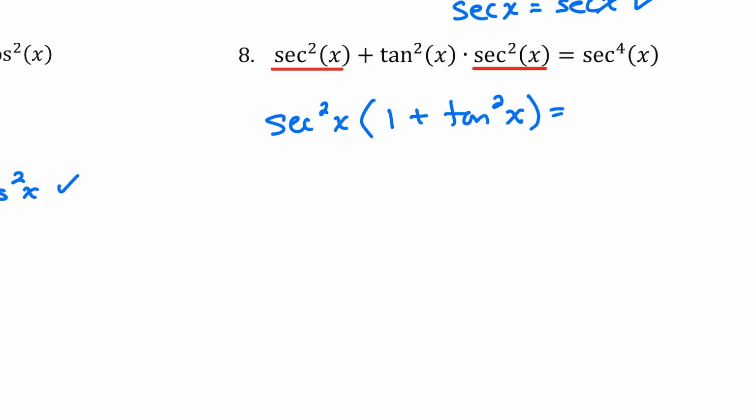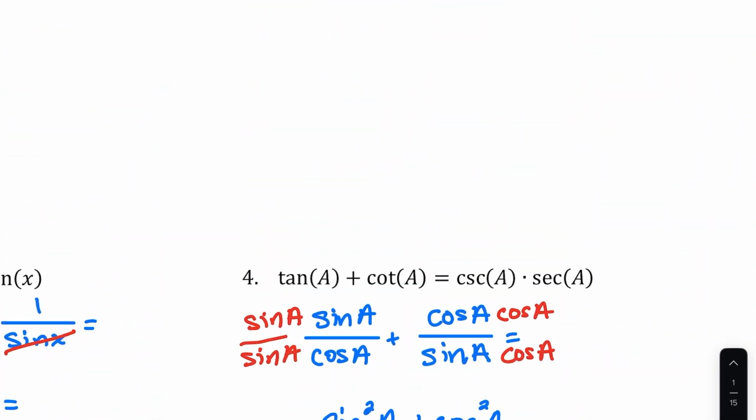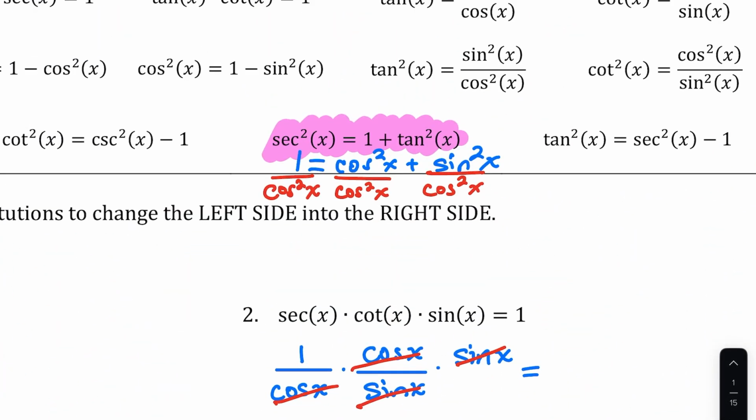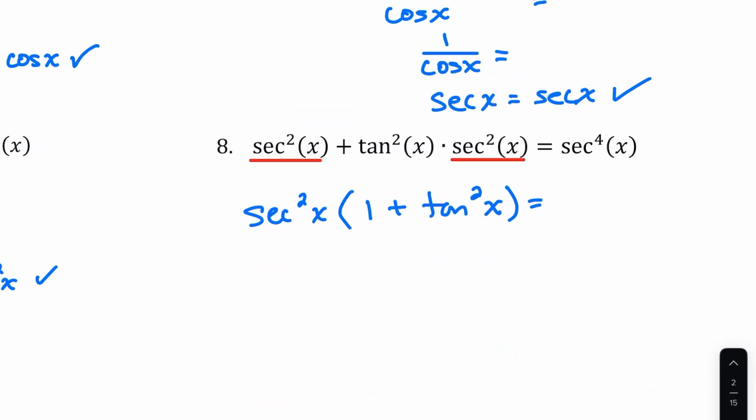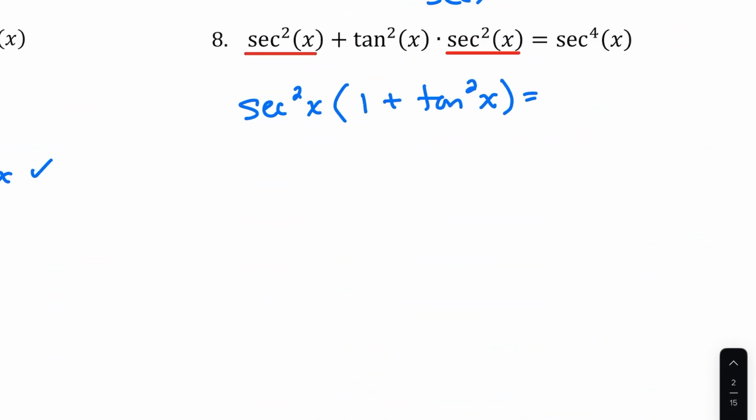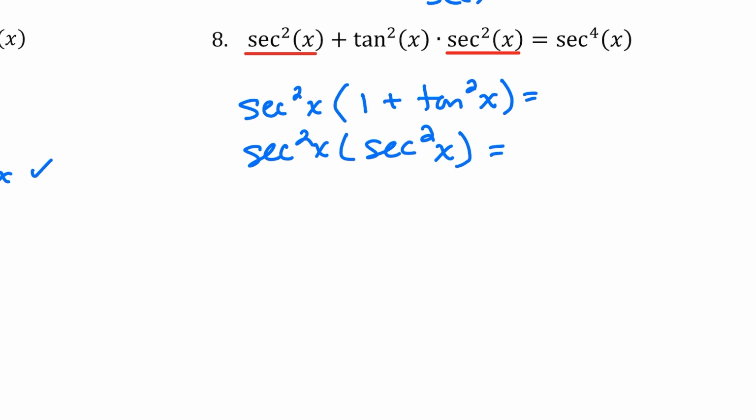Or you can look in the box on the last page and see that 1 plus tangent squared of x is the same thing as secant squared of x. So I'm going to use that substitution and end up getting secant squared of x times secant squared of x. Well, secant squared of x times secant squared of x is almost like x squared times x squared. You add the exponents and you end up getting secant to the 4th.